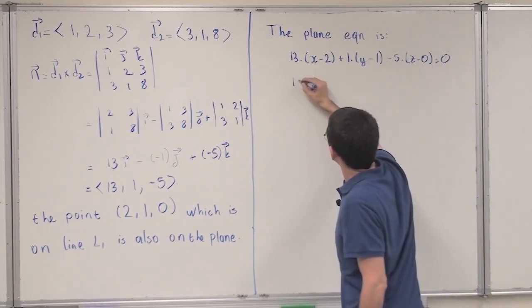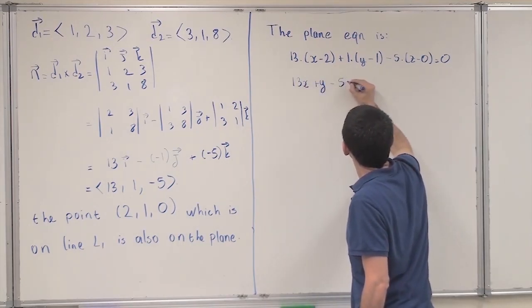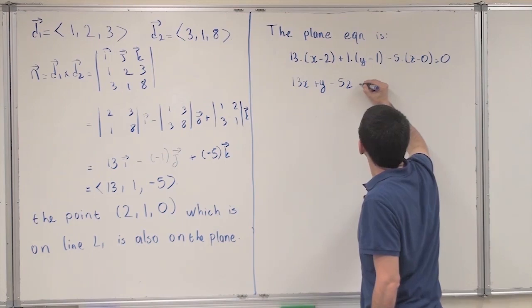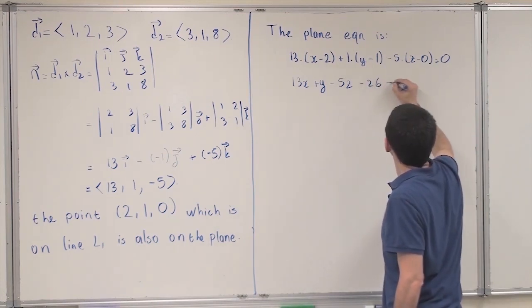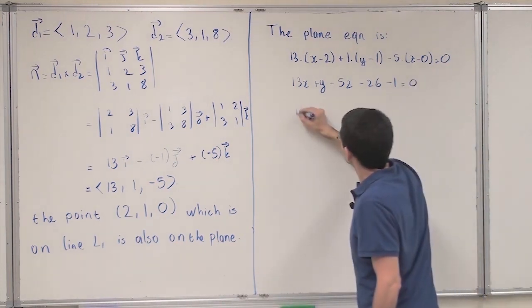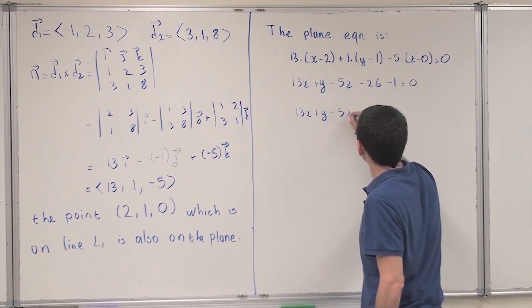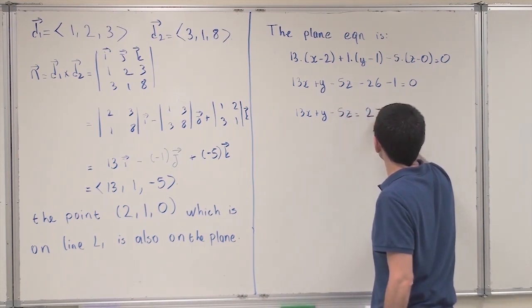So we have 13x plus y minus 5z minus 26 minus 1 equals 0. So 13x plus y minus 5z is equal to 27.